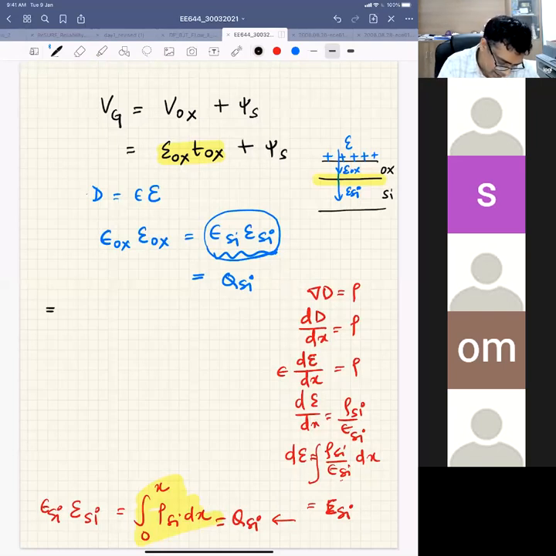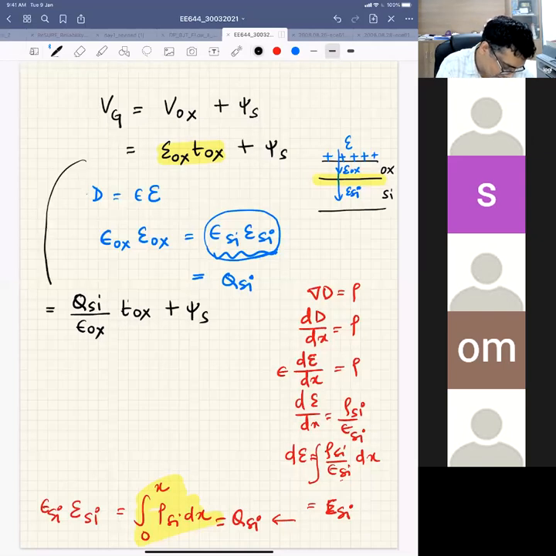I could write down Q_Si divided by epsilon_ox times t_ox, plus psi_s, right? So if I go from here to here, this is nothing but Q_silicon divided by C_ox plus psi_s.